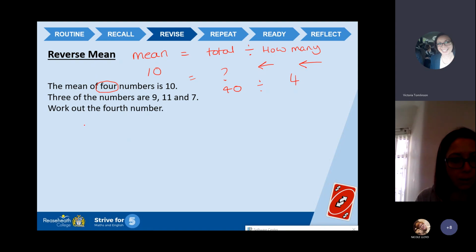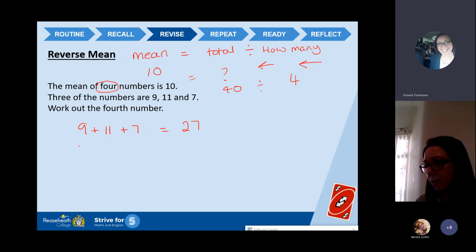So these numbers come to 27. We want the numbers to come to 40. So what else is missing? How can we work out what's going to be the extra number? What's the last number going to be? If it's got to be a total of 40 and we've got 27, it's going to be 13. Thank you, Karen. Yeah. So that's a little bit tricky.